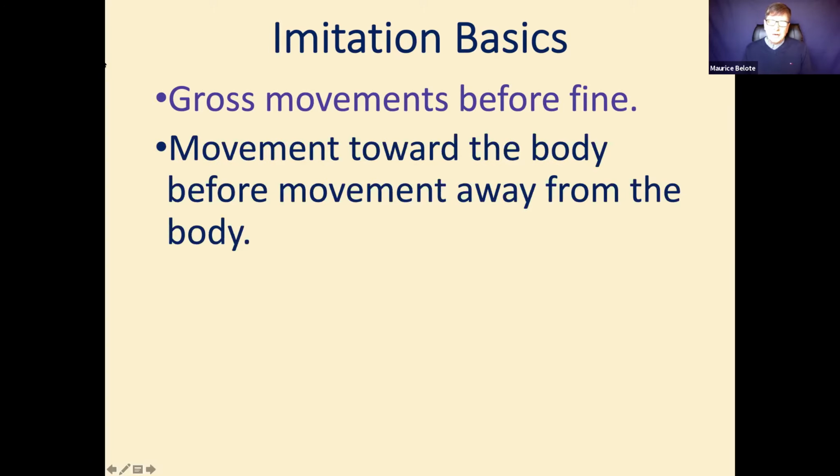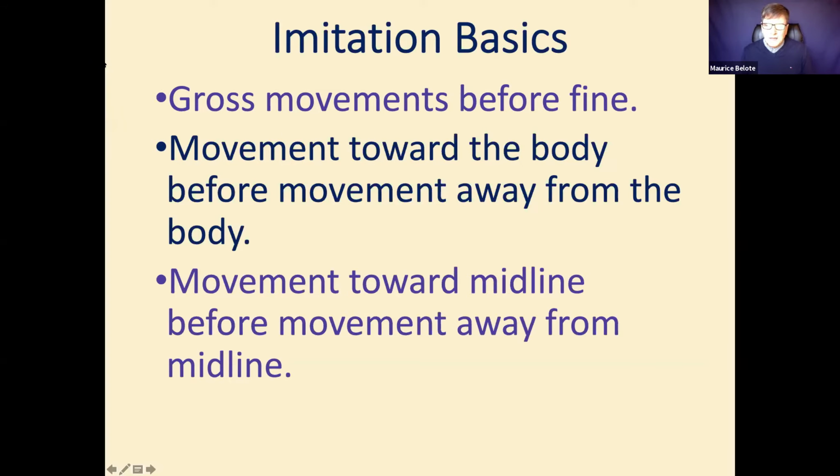They learn how to imitate movement towards their bodies before they learn to imitate movement away from their bodies. And number 3, they learn to imitate movement towards midline before they learn movements away from midline.